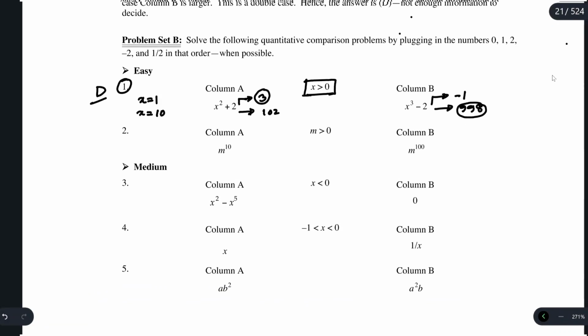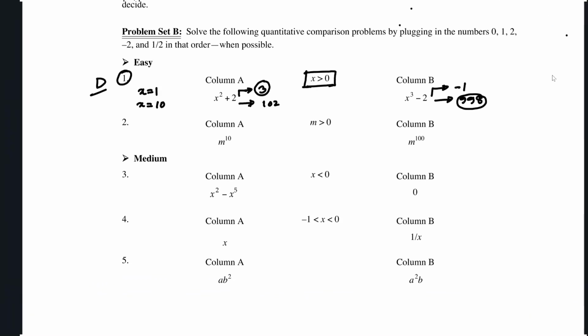The next problem, we are given that m is greater than 0, and there are two values. Now here, let's try with different values. Because m is greater than 0, or positive, we'll try to figure out some cases where the relation between A and B can be different than the other cases.